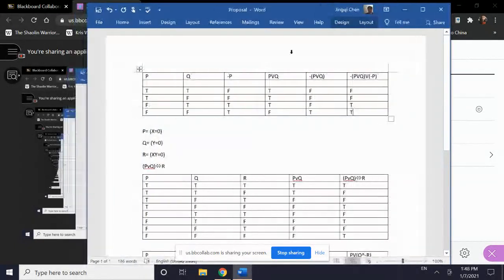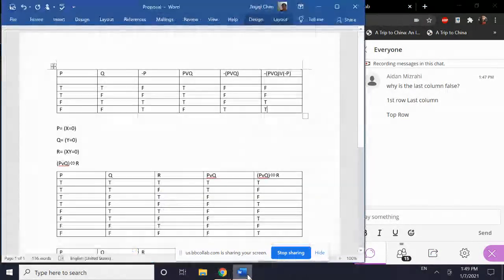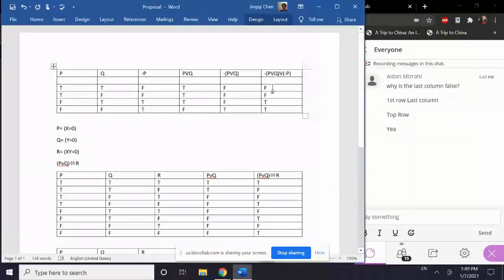I don't know why my screen is doing that. Mm-hmm. The top row. First row, last column. This one? The one I highlighted? Because you have false here and you have false here, so it would be false since both of them were false. Same thing for the second one, false here and false here, it would be false. And then you have false here, but then you have true here.